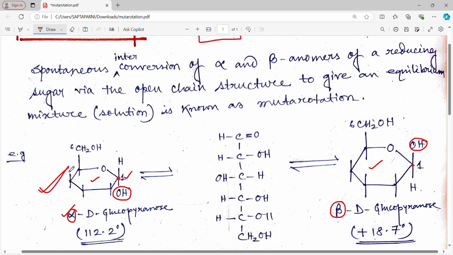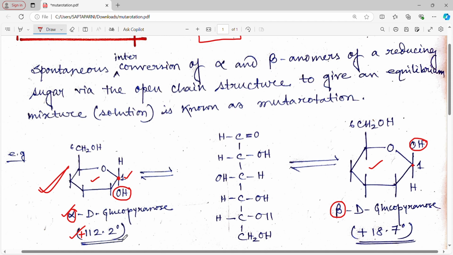Now what happens if we make a solution of this alpha D glucose or alpha D glucopyranose? There will obviously be an optical rotation value or specific rotation value if we pass plane polarized light through this. Initially the specific rotation value is plus 112.2 degree.